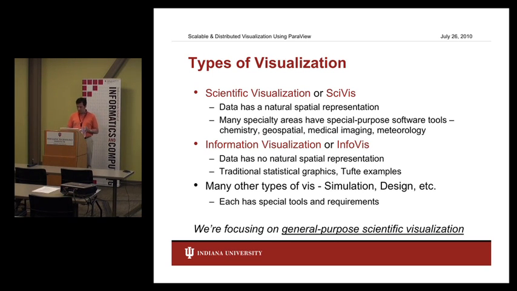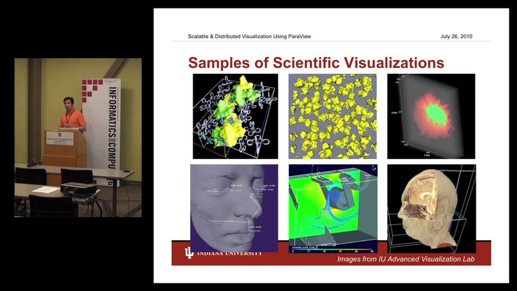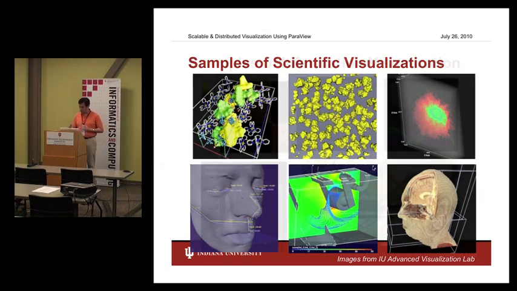So of course we're going to focus on general purpose scientific visualization, and that's one of the strengths of ParaView. So for example, things like molecular visualization, medical visualization, geospatial, astronomy, flow visualization. Some of these things can be done in ParaView. Sometimes they're left to other specialized packages, such as GIS or molecular visualization.